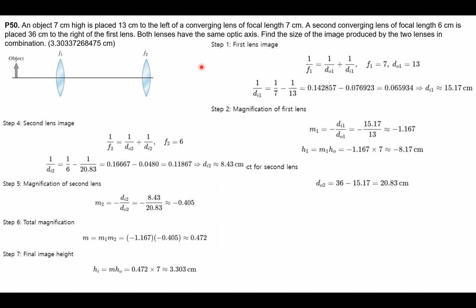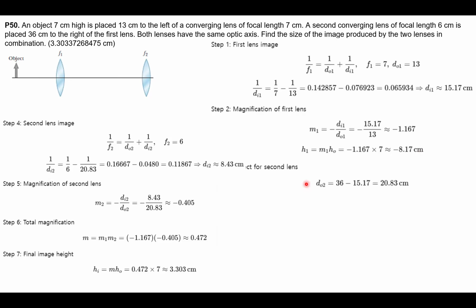Step one is that the first lens gives you the image distance, di1, and then the magnification gives you h1 of this image, which is this length.